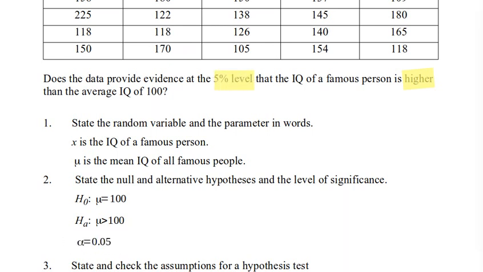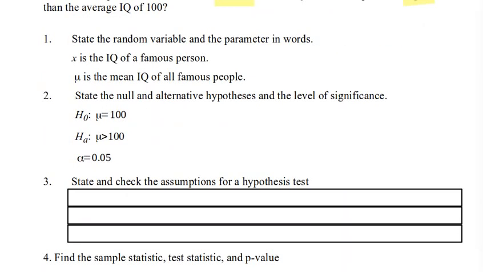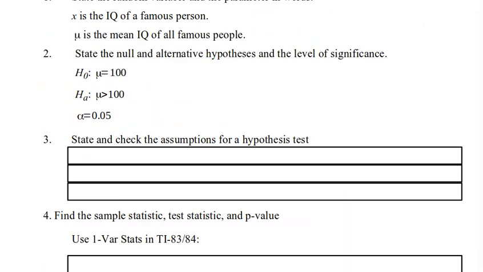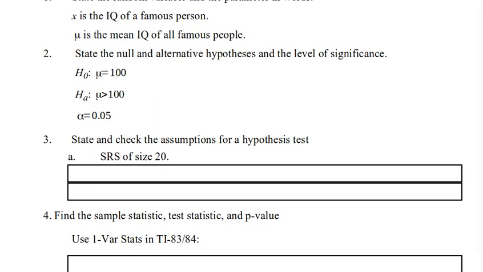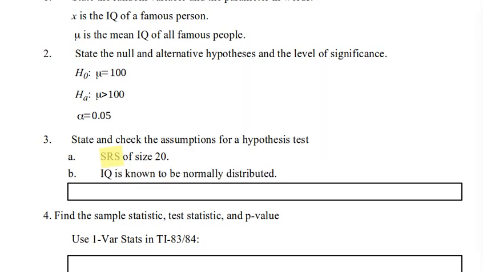So alpha is 0.05. We now need to check the assumptions of this test. Well, we were told that a random number generator was used to select these 20 people. So clearly a simple random sample. We then remind ourselves that the IQ is known to be normally distributed.